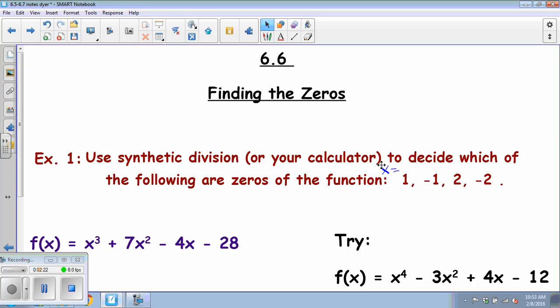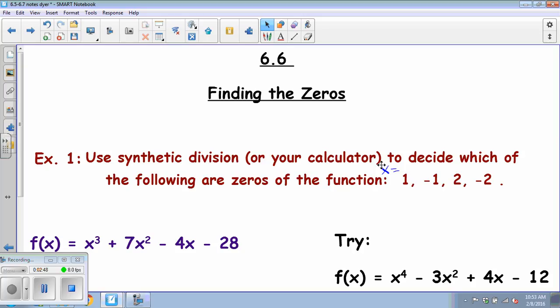Very good. Put your function in as y1. And then what Jane says, go to the table. And what do we look for in the table? Find, right. It is a solution if y equals 0 at that point, at that x point.